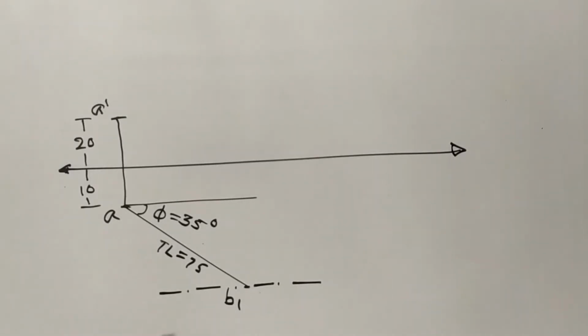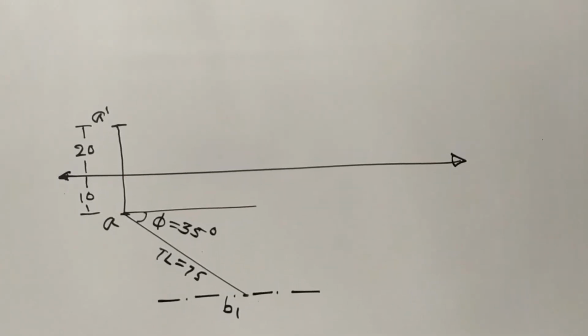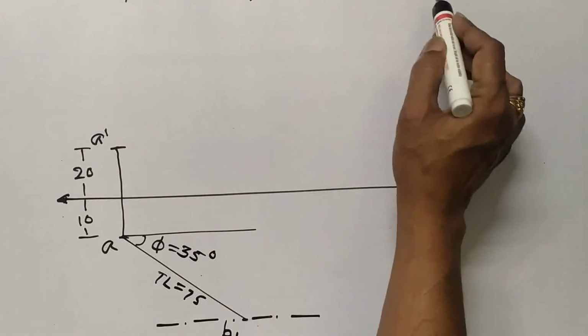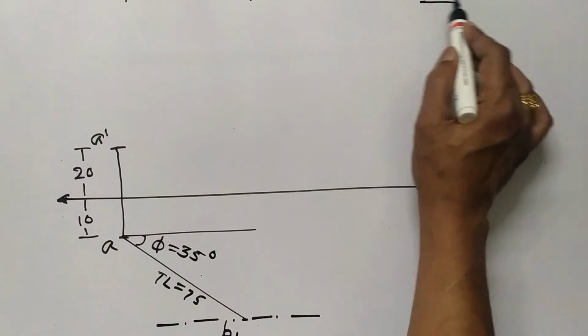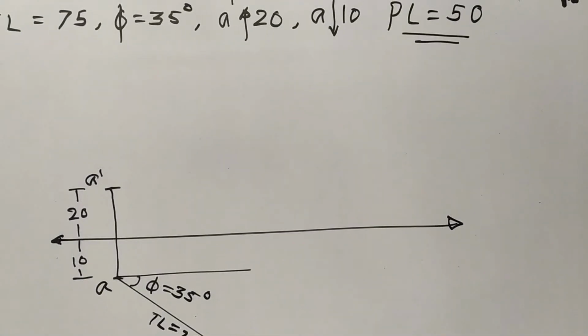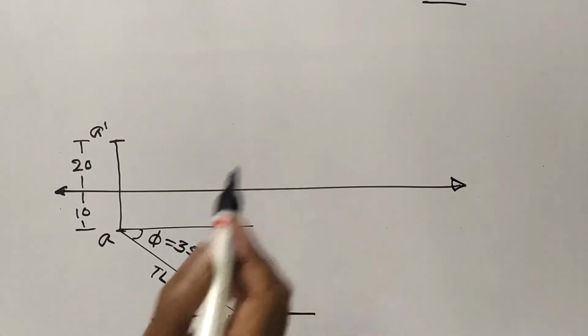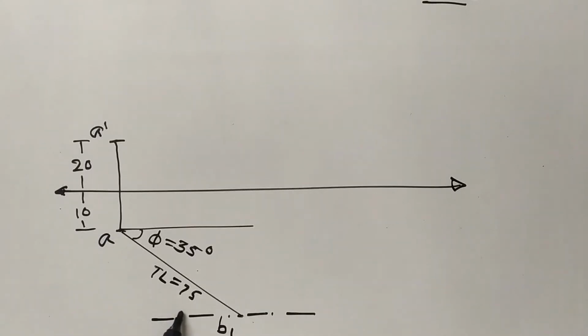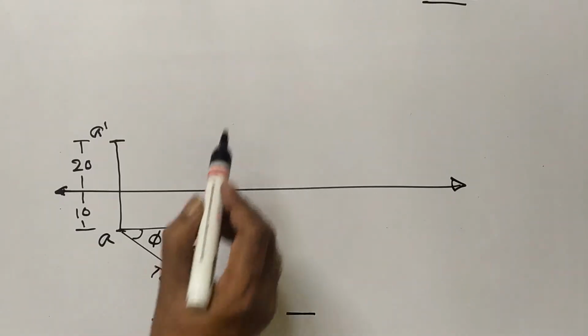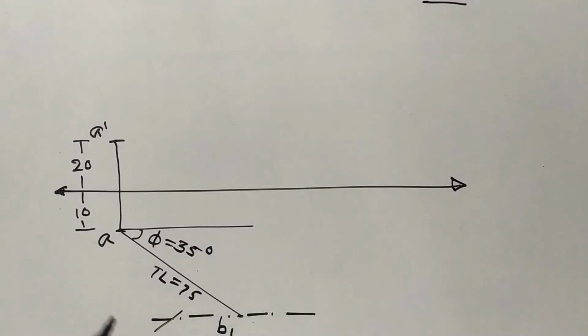And now I have to mark the plan length. I can mark this plan length on the locus. So what I will do, I will mark plan length on the locus. So I will cut plan length on this.